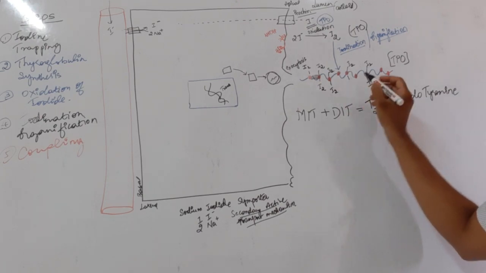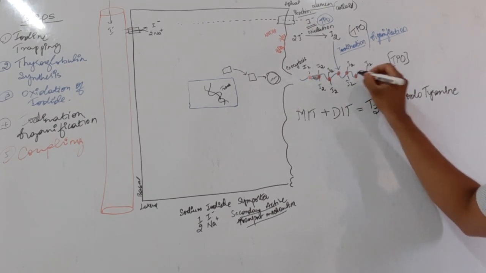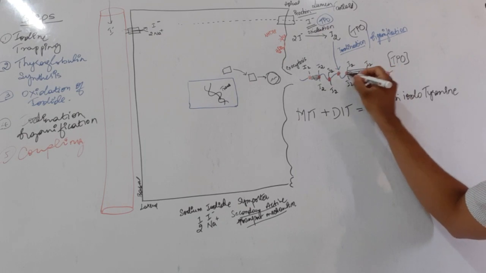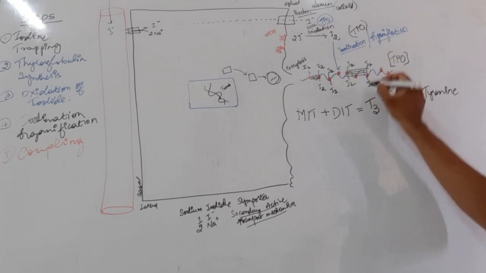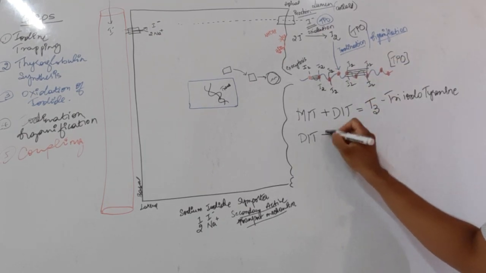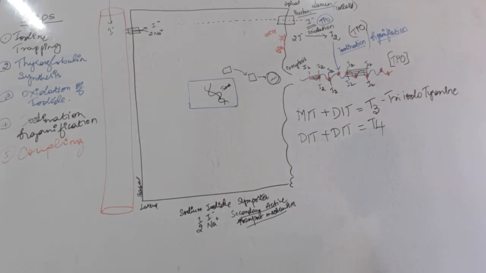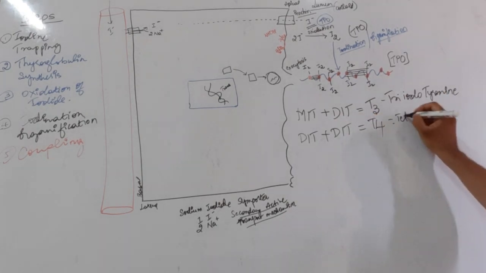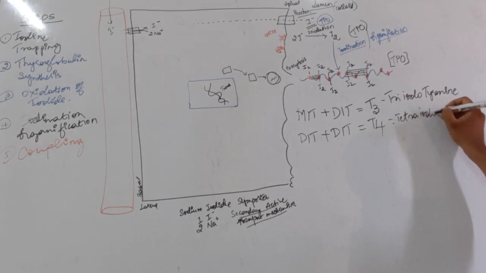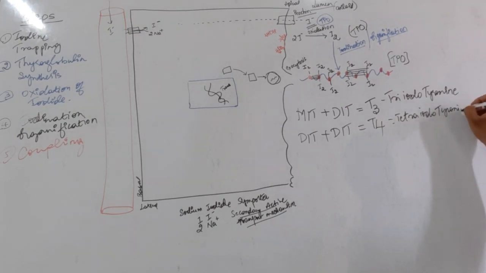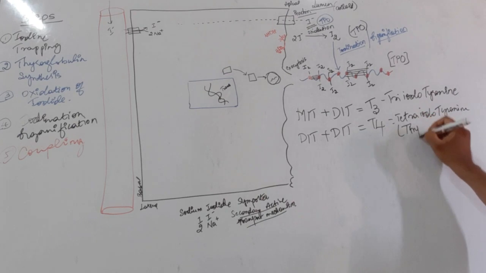If DIT fuses with DIT, then it produces T4, that is tetraiodotyrosine, also referred to as thyroxine.